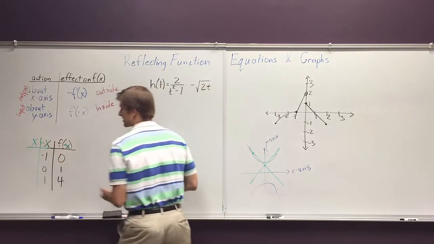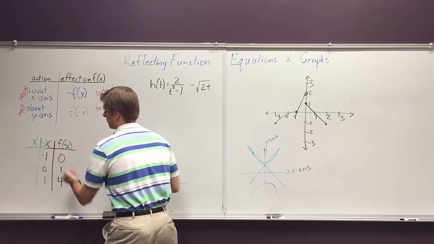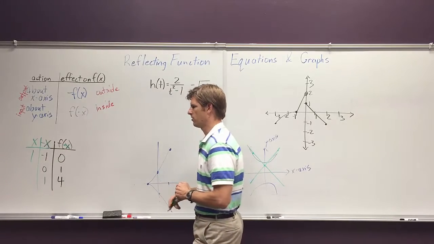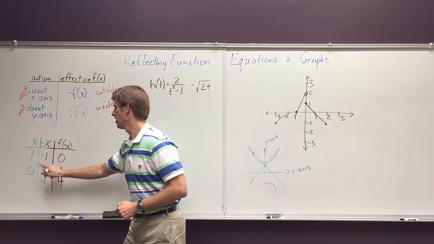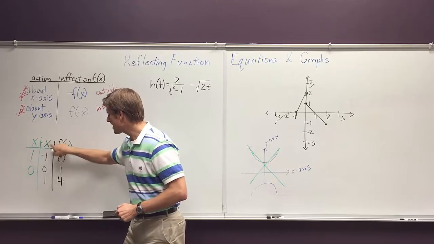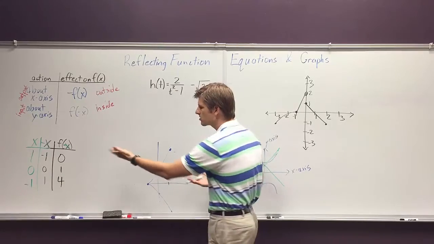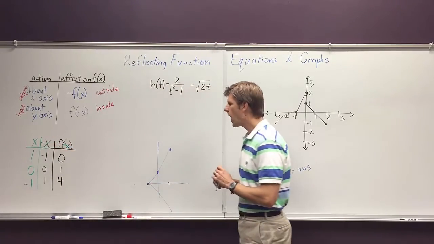If x is 1, then negative x is negative 1. If x is 0, obviously negative x is still 0. And what does x have to be so that negative x is 1? Well, you guessed it, negative 1. So this would be the chart that corresponds to a reflection around the y-axis.